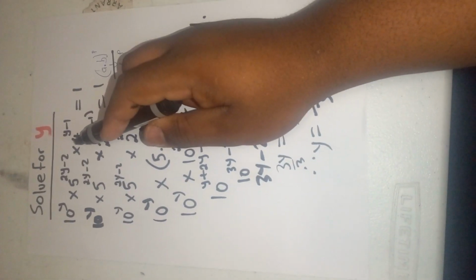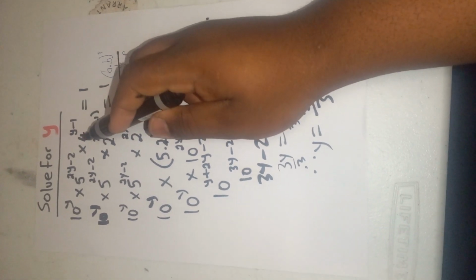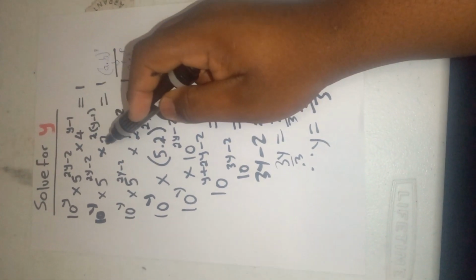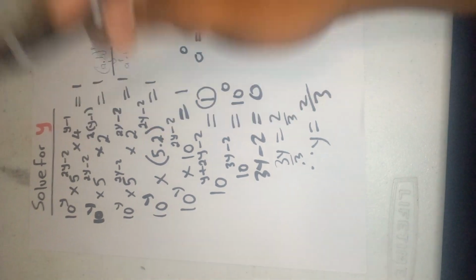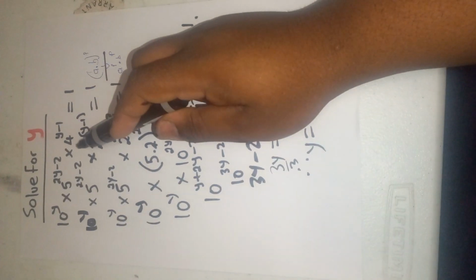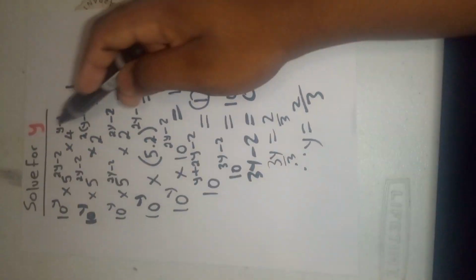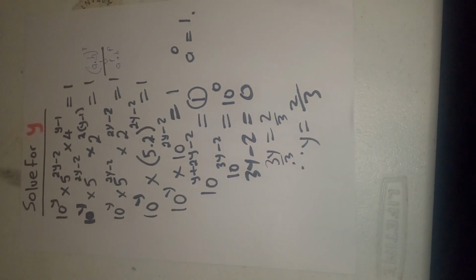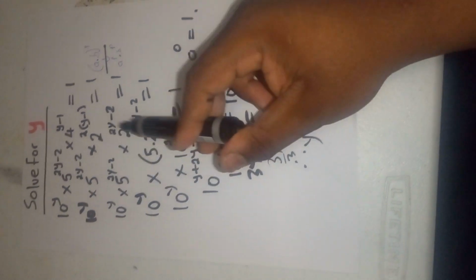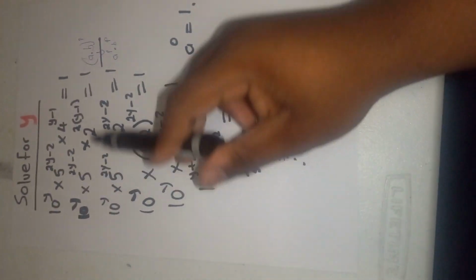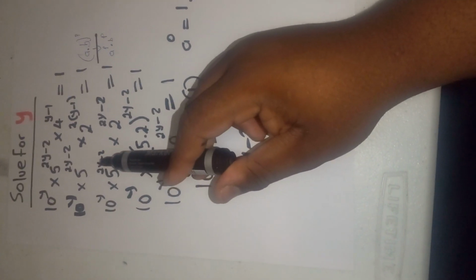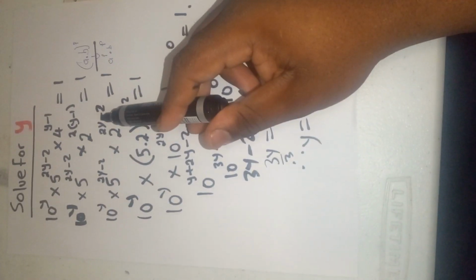You simply have to check the first thing, check what you have, check your bases. I can see that 4 can be taken to 2 to the power of 2. But remember that you're going to multiply the exponents. 2 is going to be multiplied to the exponents that were already there. And then after that, I realized that bases 5 and 2 have the same power, which is 2y minus 2.